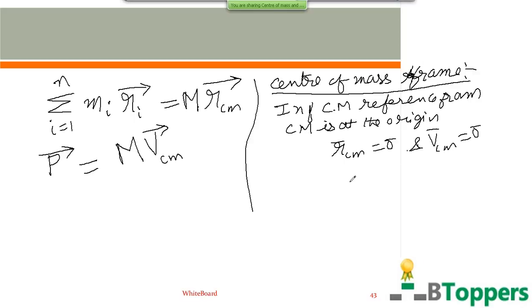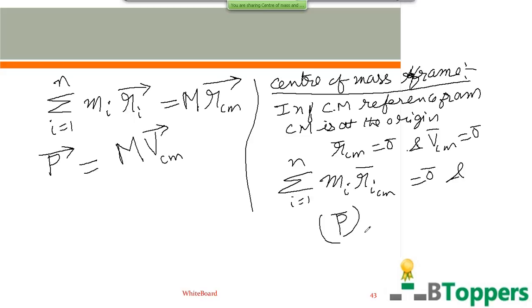That means the velocity of the center of mass relative to the center of mass will obviously be 0. So the vector sum of moments of the masses of all the particles of the system with respect to the center of mass as origin becomes 0. And the vector sum of linear momenta of all the particles of the system relative to the center of mass will also be 0.